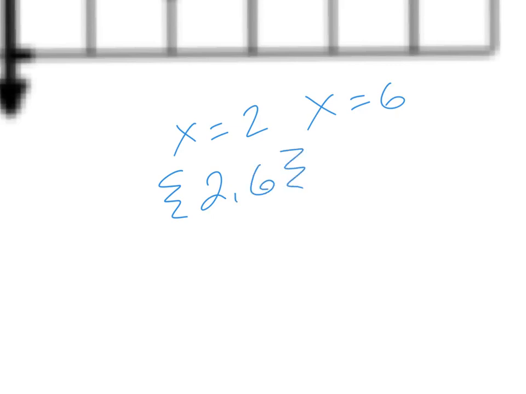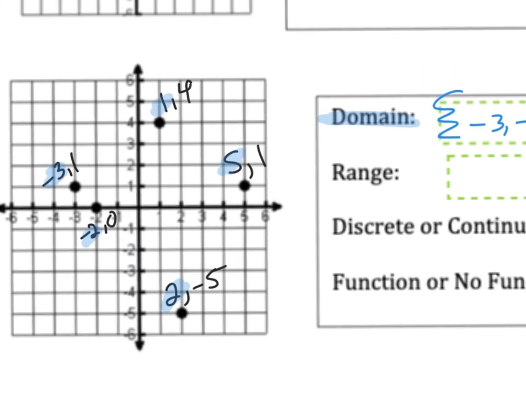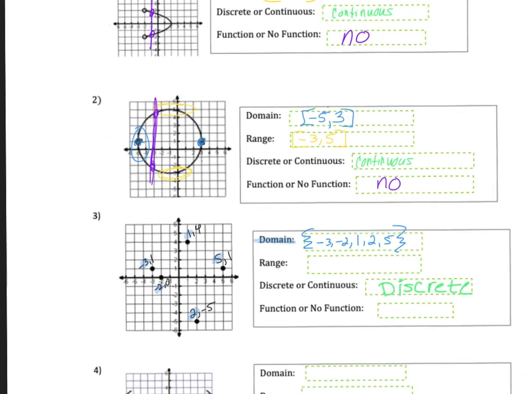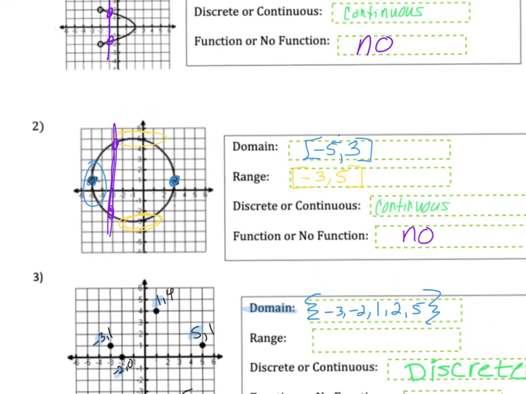The difference between the braces and what we did in the previous example is that in the previous examples, those were continuous functions, right? So we didn't just have, say, looking at the domain here, -5 and 3. We had all the numbers in between as well. To represent that idea, you use the square bracket or the parenthesis.